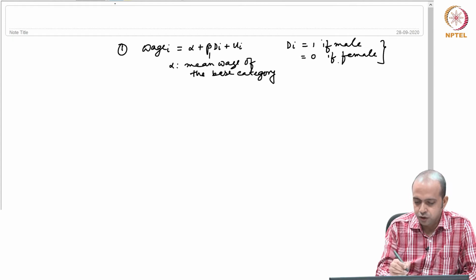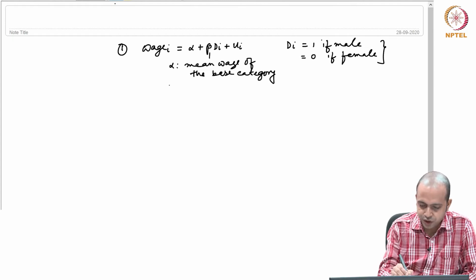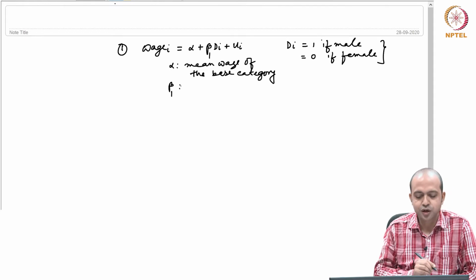And then what does beta 1 indicate? Beta 1 basically indicates the differential intercept.